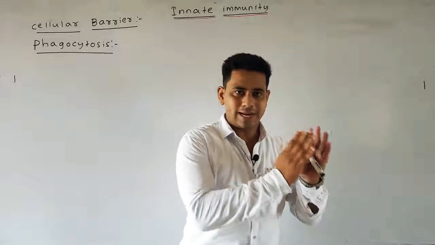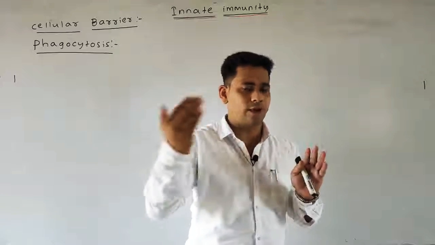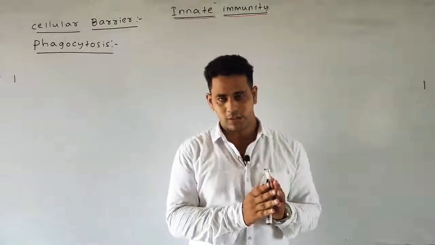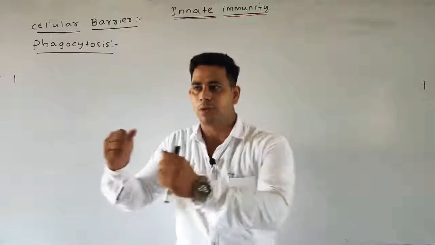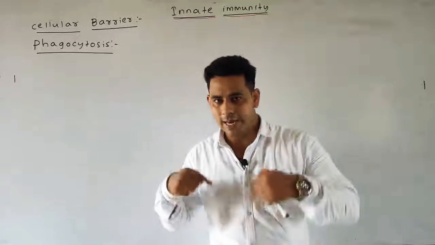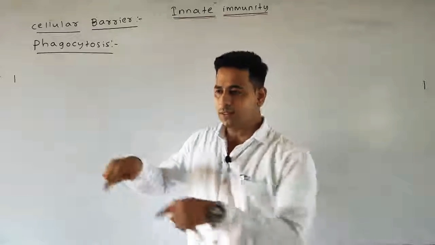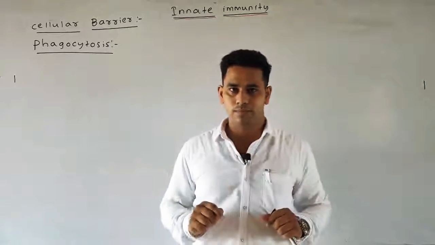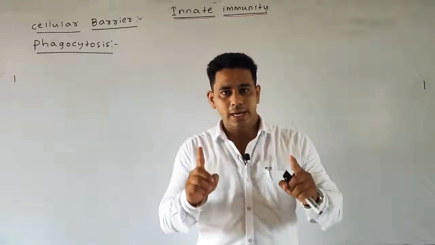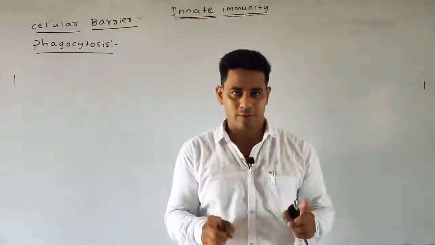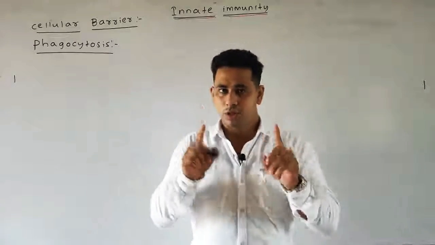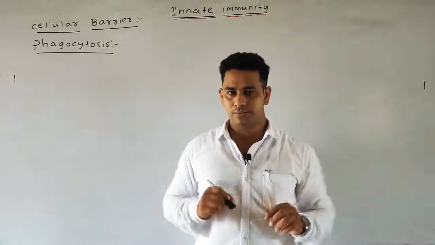If it is unable to fight, then the second line of defense will come into act. If the second line of defense fails, then the third line of defense, which is your acquired immunity, will come into act. So your external innate immunity is your first line of defense, whereas today we will discuss the internal innate immunity, which is your second line of defense.